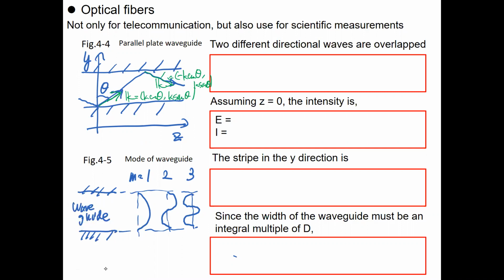So in this case, the two electric fields are E1 equals E0 cosine of k cosine theta y plus k sine theta z, and similarly E2 equals E0 cosine of minus k cosine theta y plus k sine theta z.